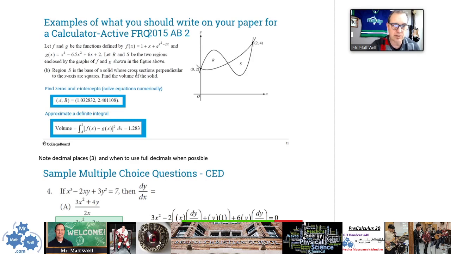So if you were asked to find one of these two regions, like S, or if you were asked to find the volume of a solid of cross sections that were the difference between the upper function and the lower function, you would need to know what this intersection point is. So you get on your calculator, you type this in, and you type this in, and you find intersection, okay?